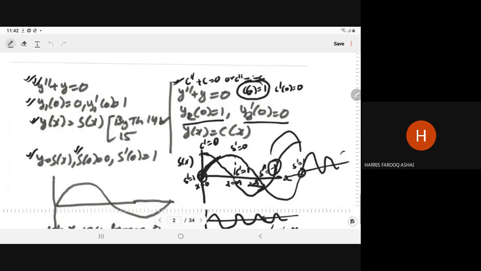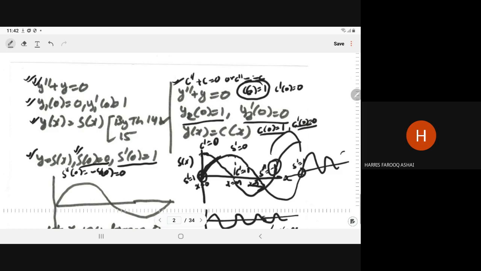It is given to you here that s dash 0 is equal to 1 and c0 is equal to 1. So these two are the same condition. And here we have s0 equal to 0 and s double dash 0 equal to minus of s0, which is 0, and here we have c dash 0 equal to 0.